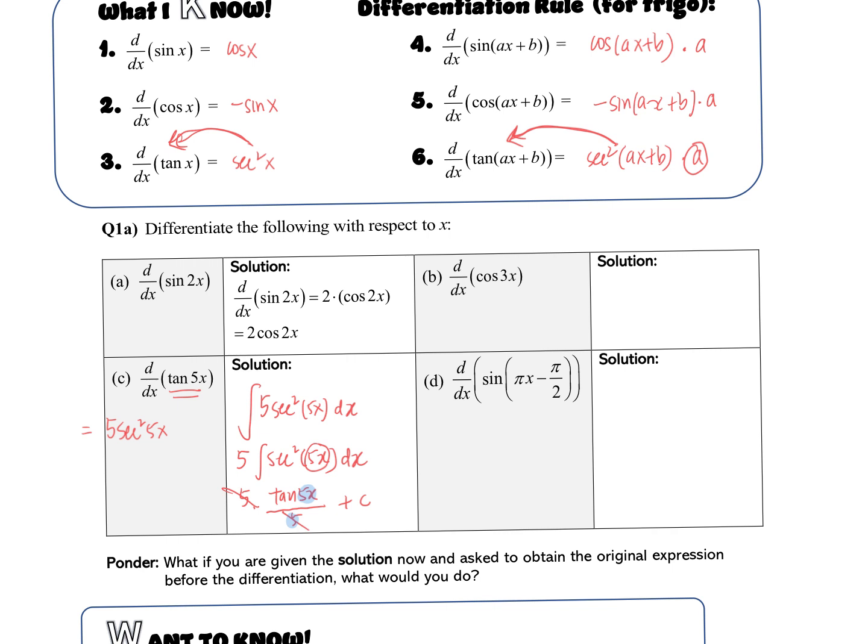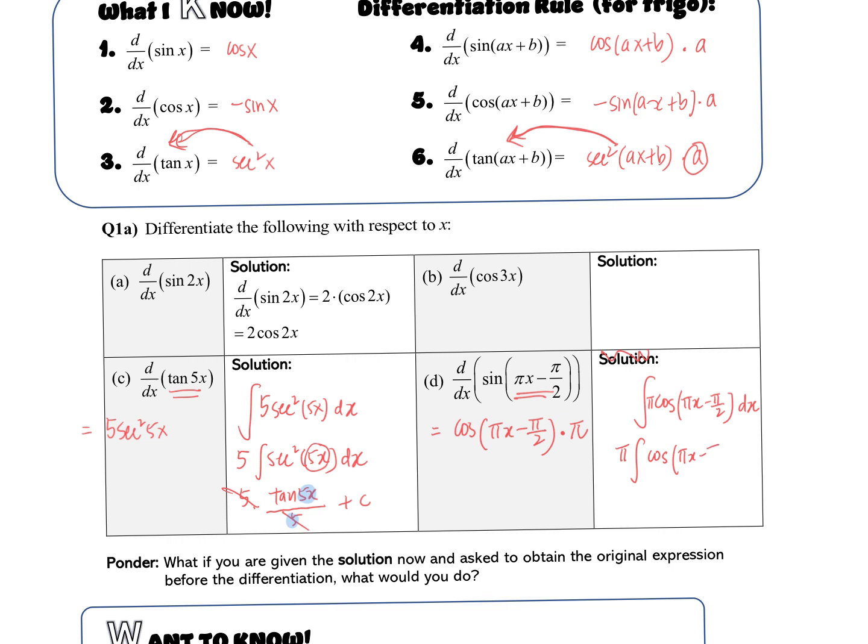How to differentiate sine? You get cosine. Then you must multiply by its differentiation, which is just pi. So imagine I want to integrate this. Pi is just a constant that I can bring out of the picture.